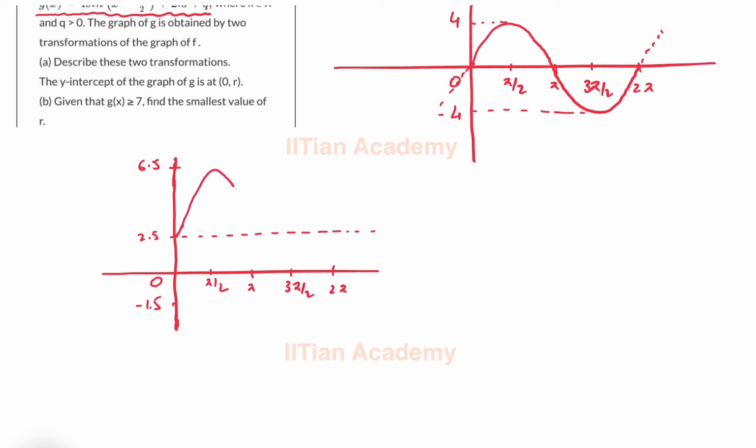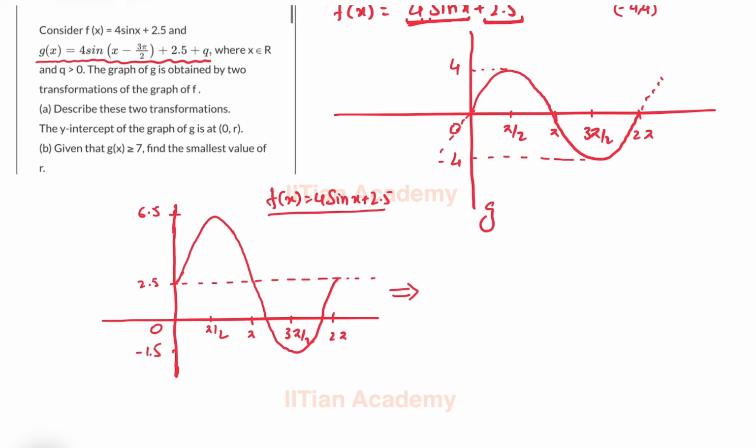So we will have this graph something like this. So this is the graph of f(x) = 4 sin x + 2.5.